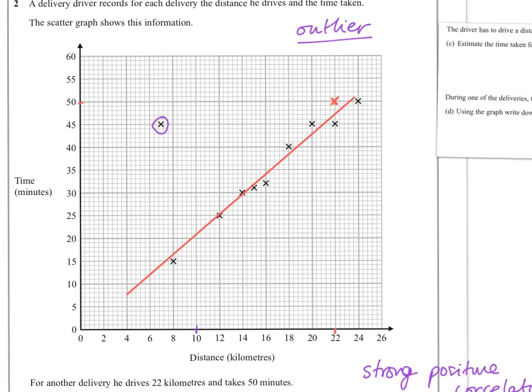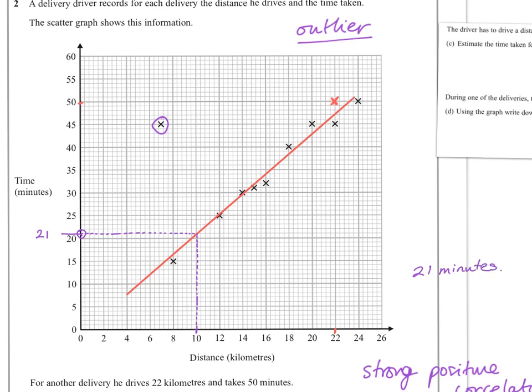There's 10 kilometres, and I would use a ruler here in my exam, as I hope you would too. Show the estimate here using your line of best fit, and then clearly here I would say 21, and I'd write that down in the answer part here, and I would say 21 minutes.